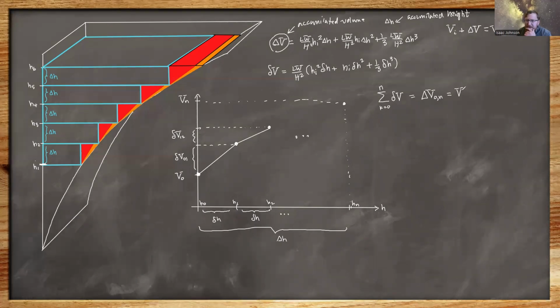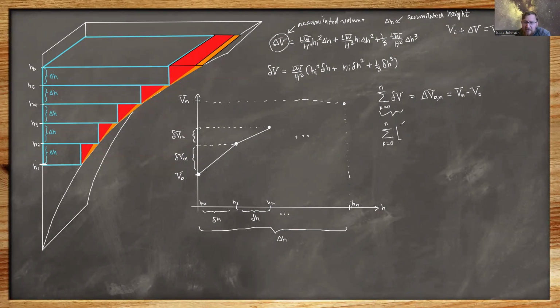So in other words, if I take my volume at the end and I subtract my volume at the beginning, I can break it up into a sum of these small changes in volume that, by the way, are perfect. This is perfect. It's absolute. This is the truth. But it's still complicated to compute.